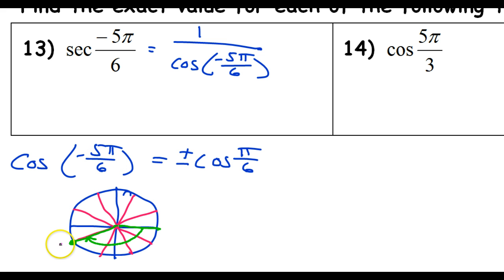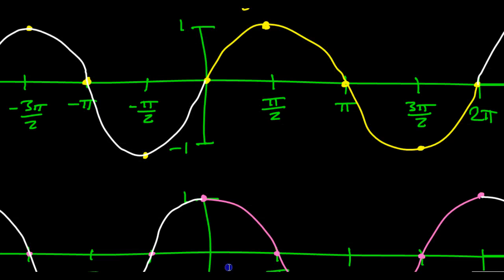You see that it is in the third quadrant, where cosine is definitely negative because it's an x value and it's on the left. So we will need that negative sign. Meanwhile, cosine of pi over 6, this is one of those ones that we memorized.